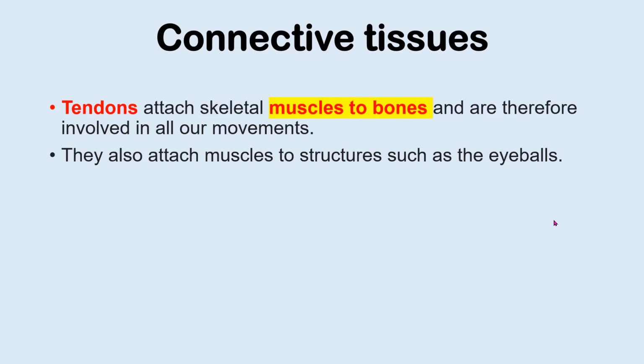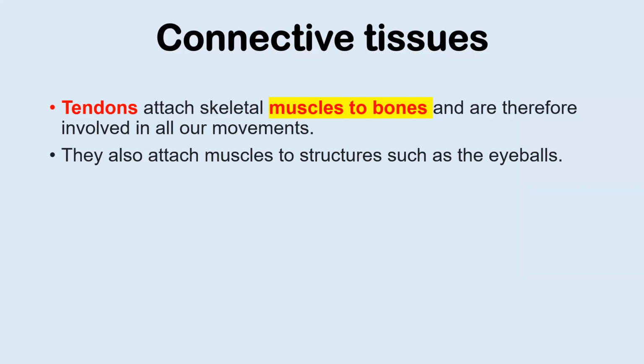Now, tendons attach muscles to bones, as we saw before, and they attach muscles to structures such as eyeballs. There are no bones around the eyeballs, but each eyeball has 6 little muscles on it.